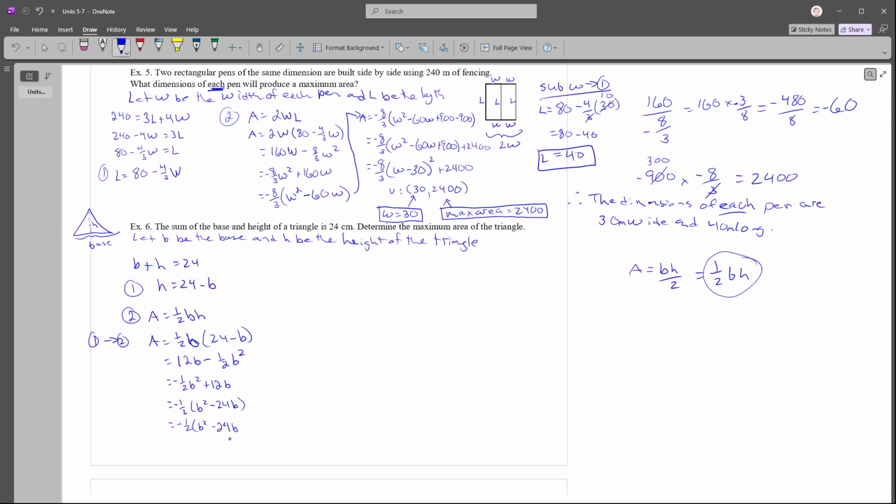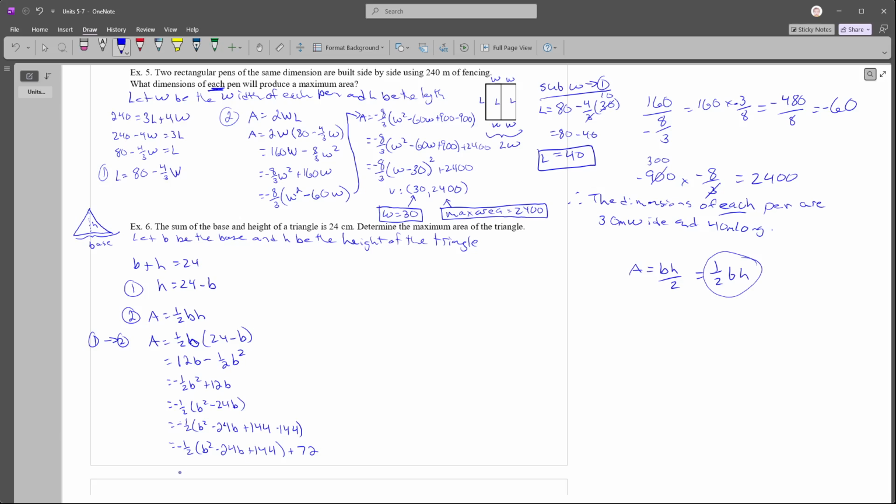Now we need half of the second term, so that's 12, squared is 144. Plus 144 minus 144. And now we bring the negative 144 outside. So we have equals negative 1/2 b squared minus 24b plus 144. So far, so good. And now we have minus 144 times a half. So 144 divided by 2 is 72. The minuses cancel out, so we just get plus 72.